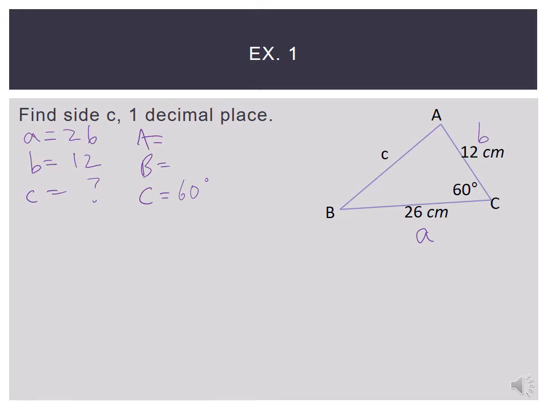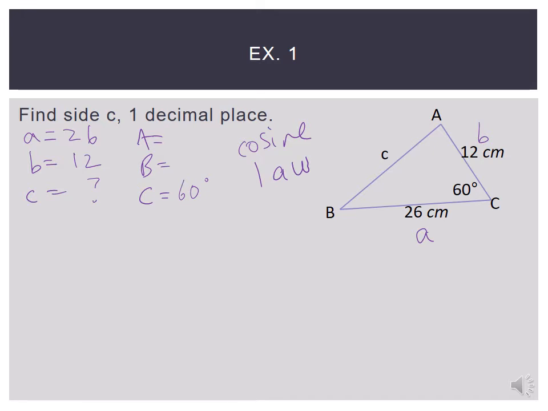Unfortunately, I can't do that on this one because I was only given one angle, which was C, which is 60 degrees. If you can't get a complete letter and you don't have an easy way to do it, like we did yesterday, that is your visual cue to do cosine law versus sine law. So on a test, if you can get a complete letter, you know to do sine law. If you can't get a complete letter, you know to use cosine law.